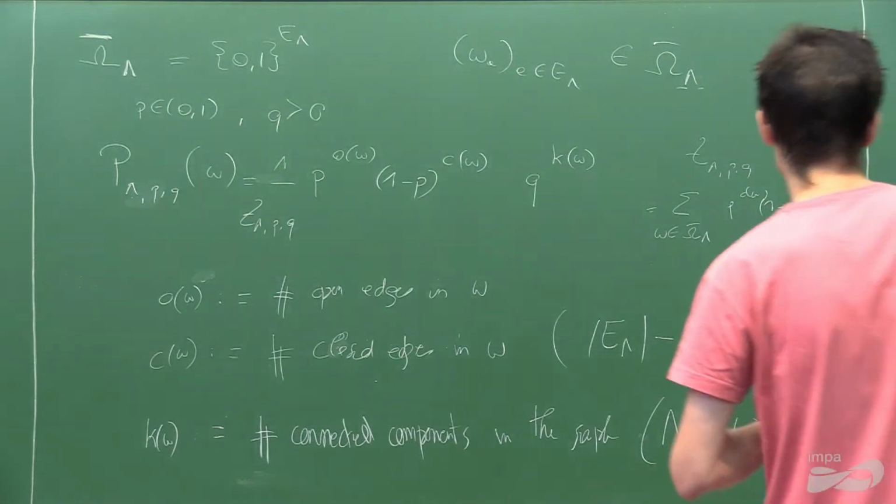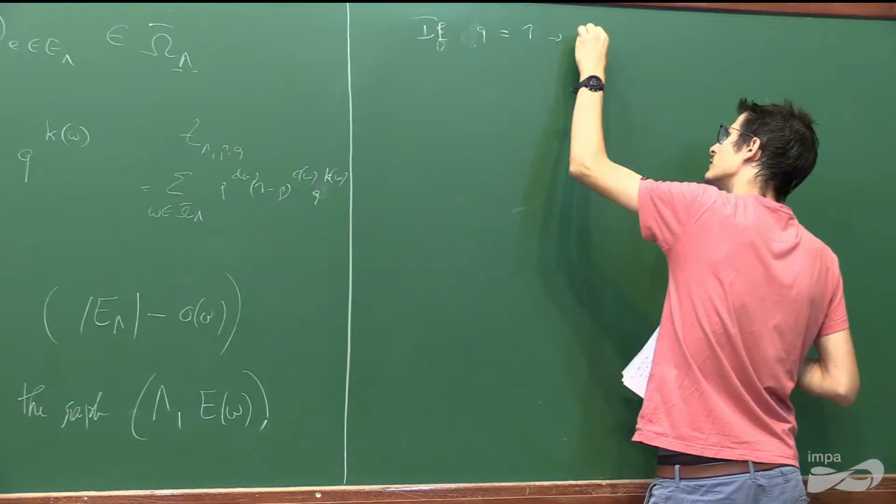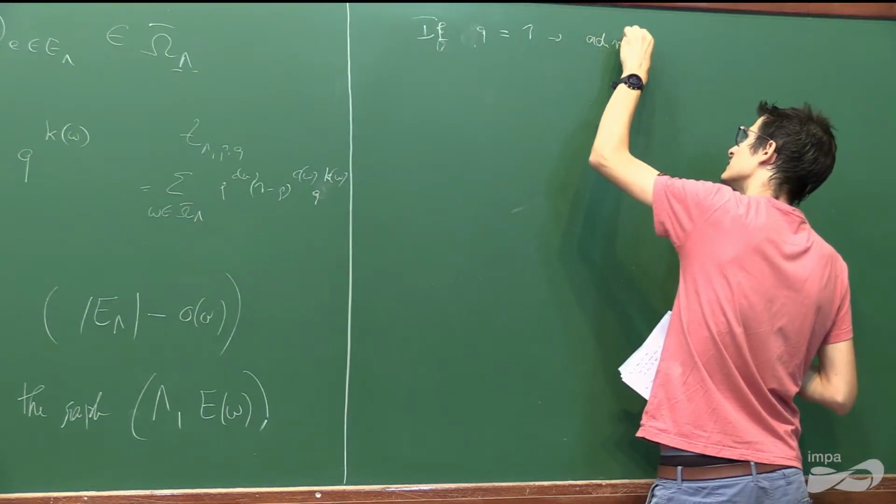Okay, so if q is equal to 1, what we have is ordinary percolation.